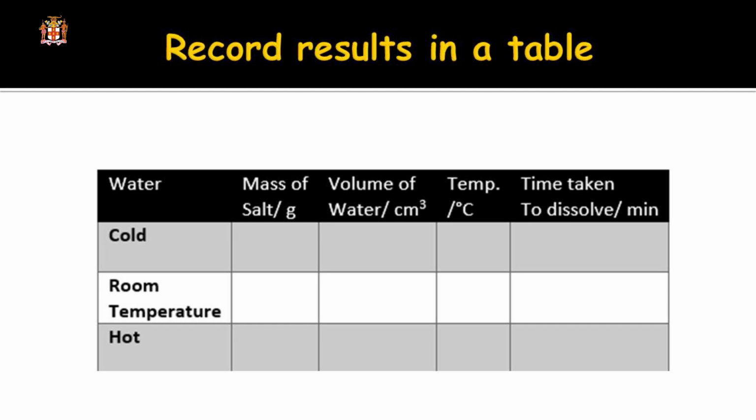Volume of water, constant as well, 100 mL, right? And then of course our temperature, which we measured earlier, 26 degrees for our room temperature water. Our cold water was about 17, and our warm water was about 37 degrees Celsius.